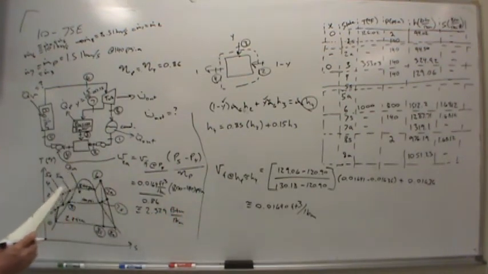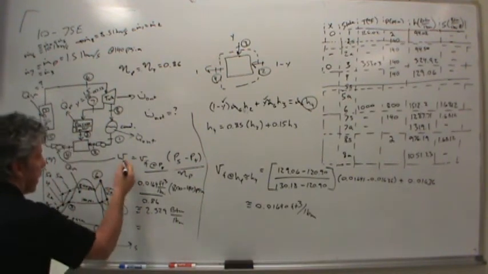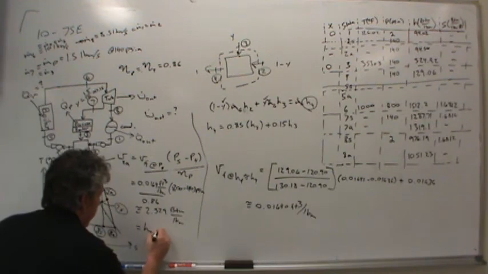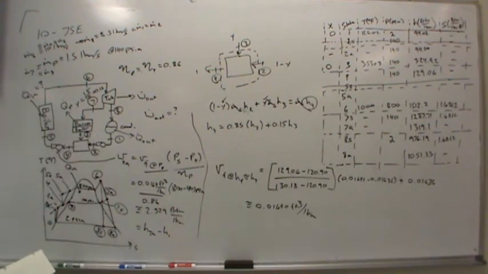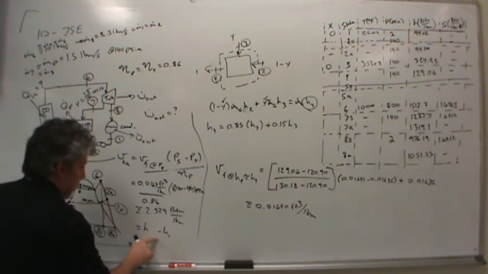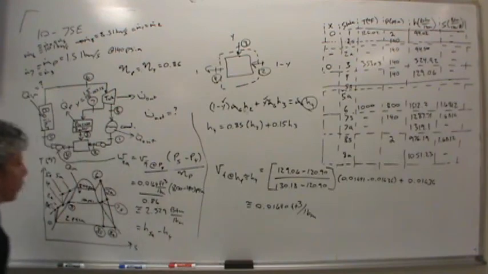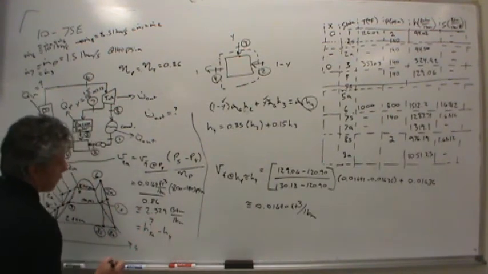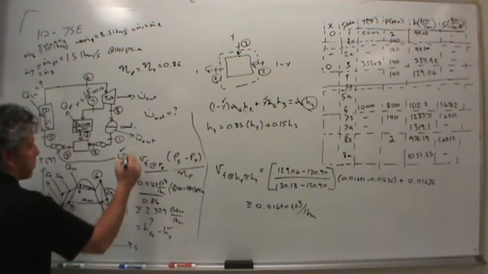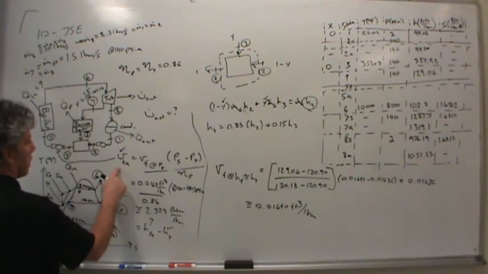Now, in order to calculate the enthalpy in state 5A, understand that this pump work is H5A less H4. I'm dealing with the second pump. So the only unknown now is H5A, I know H4, I know the specific pump work, and I shouldn't say 2A.